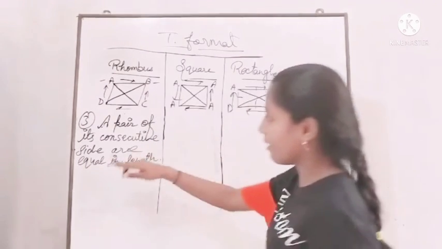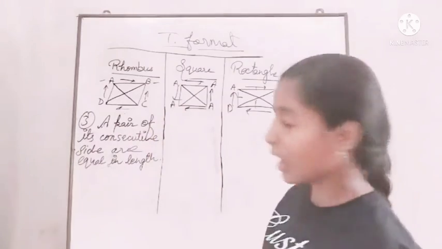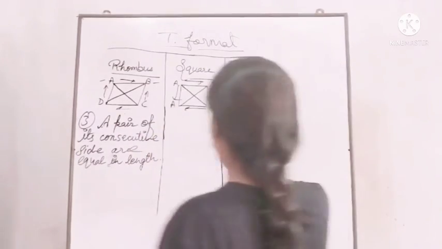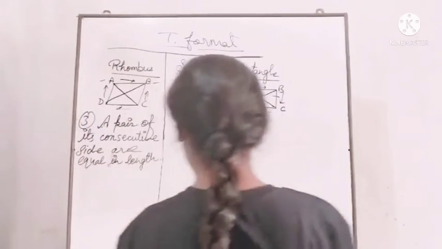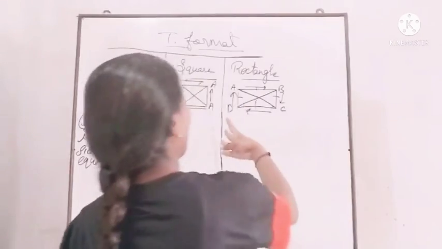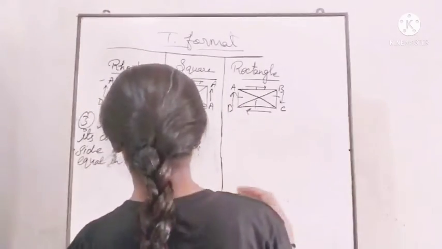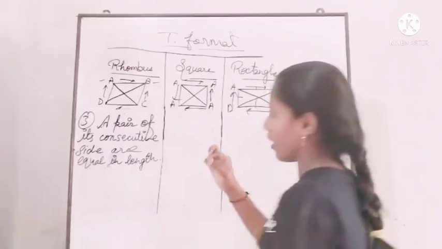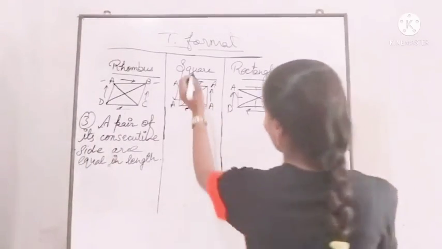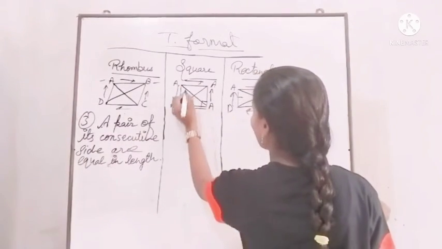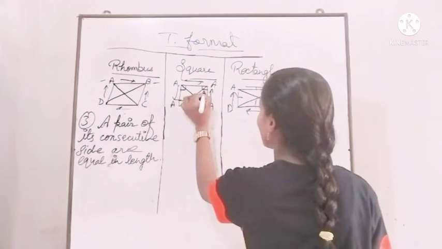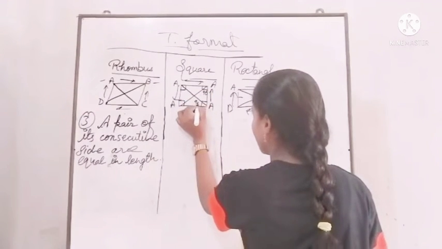Hope you understand, this differs from every other thing. Now what happens in a particular square is that all sides are equal, diagonals are bisecting at right angle, and each angle is 90 degree. One more point in the square is that each angle is 90 degree.